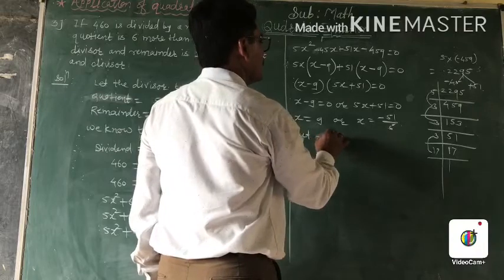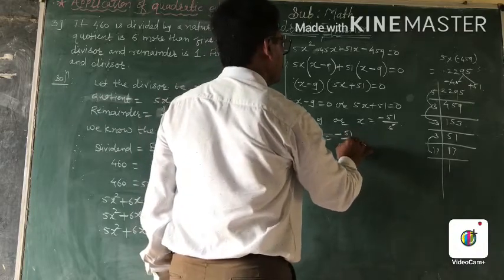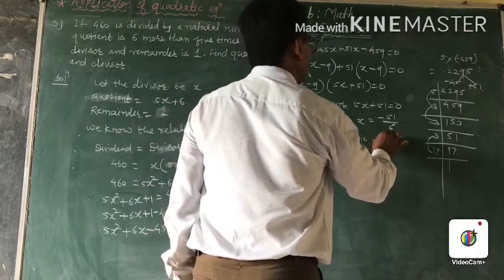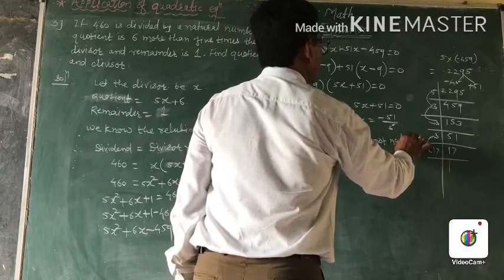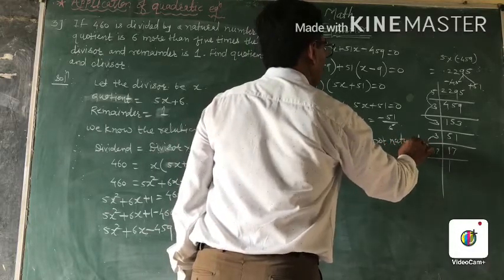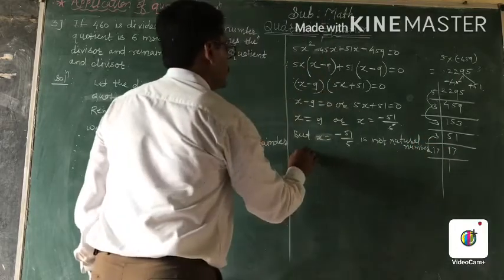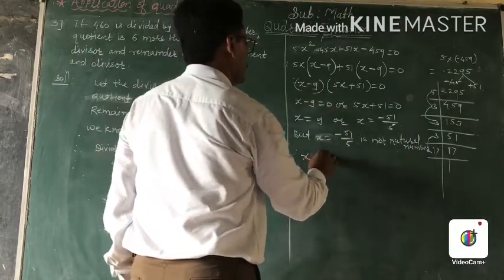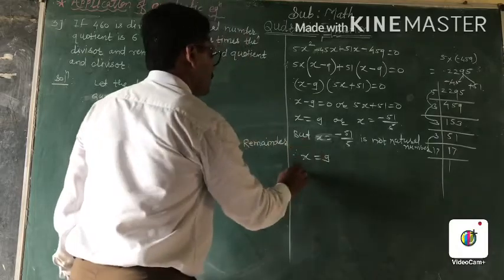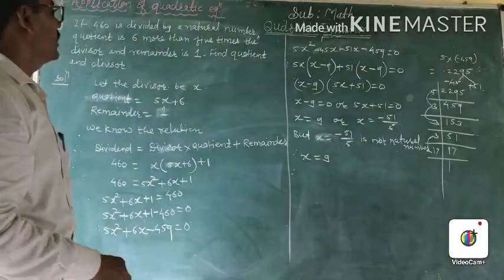But x is equal to minus 51 by 5 is not a natural number. Therefore, the correct answer is x is equal to 9, which means x is the divisor.